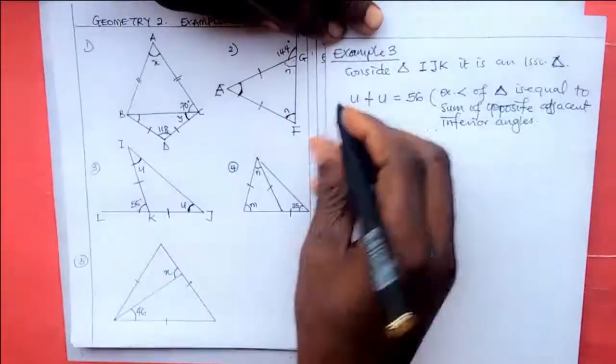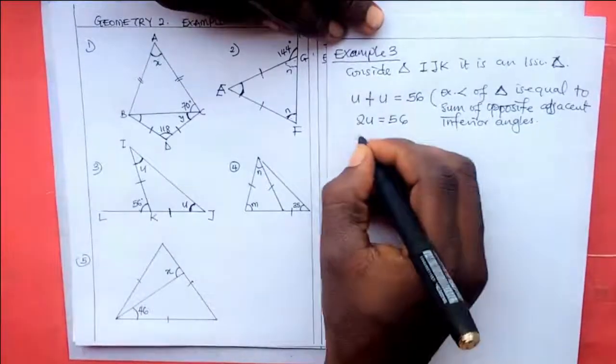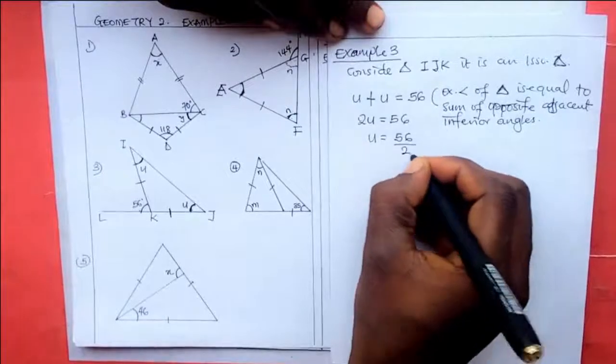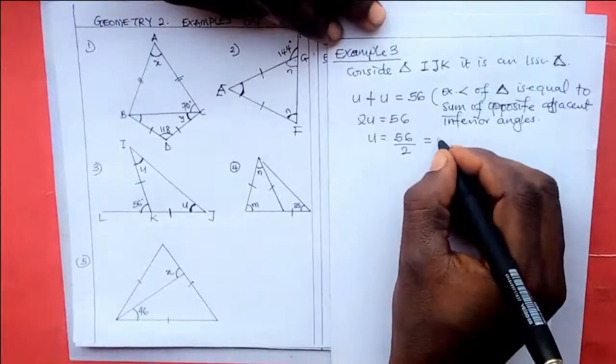So then you have 2U equals 56, so U equals 56 divided by 2, which is 28.